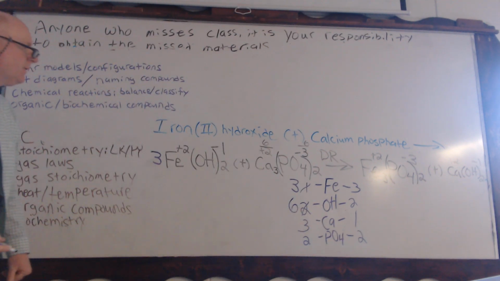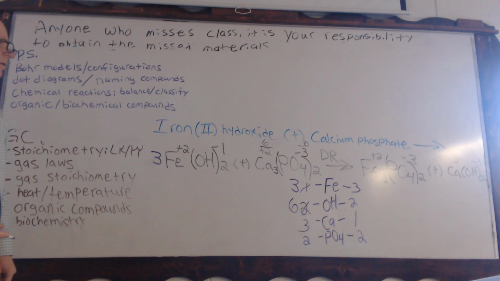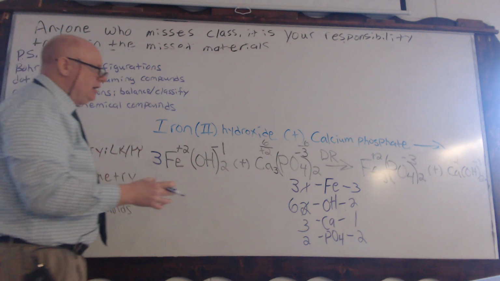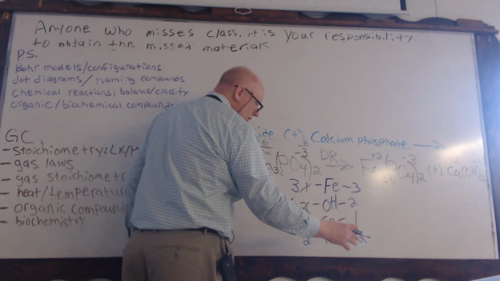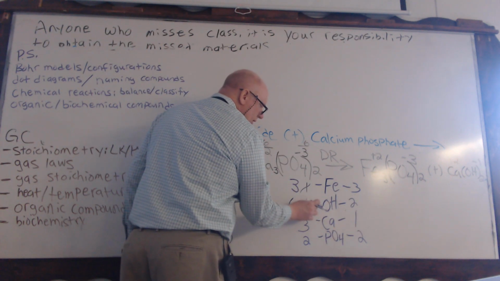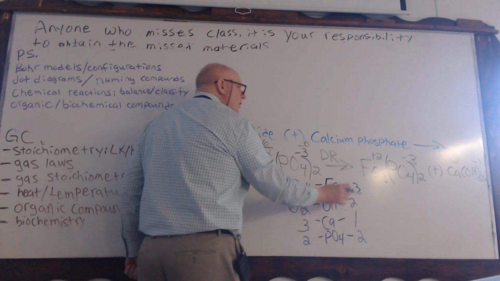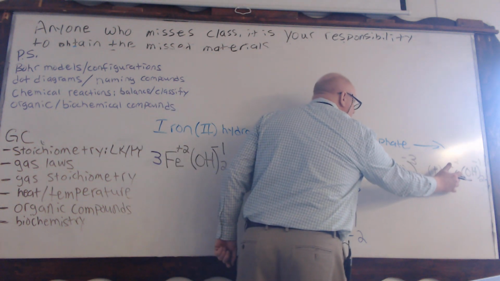Okay, so we're getting closer. Now you can look at your calciums on your right side or your hydroxides on your right side, but they're both in the same place because our irons are balanced. Our phosphates are balanced. These 2 are not, but they appear in the same position over here.